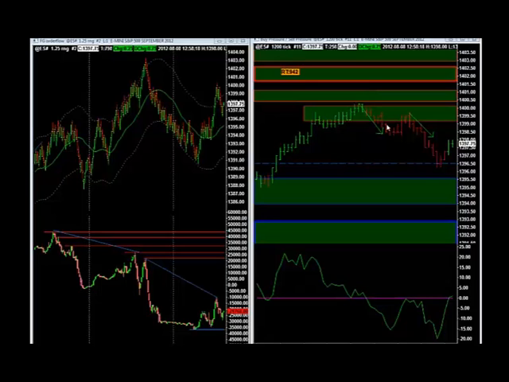The other way is if we get short on the pullback here into the value transition short. If we get short here, where can we put our stop? Well, it would be kind of close in this case, but we could put our stop just above the top of the zone, giving room for the market to probe up a little bit, maybe 2 ticks, 3 ticks above the zone. What I like to do personally is look for price acceptance.